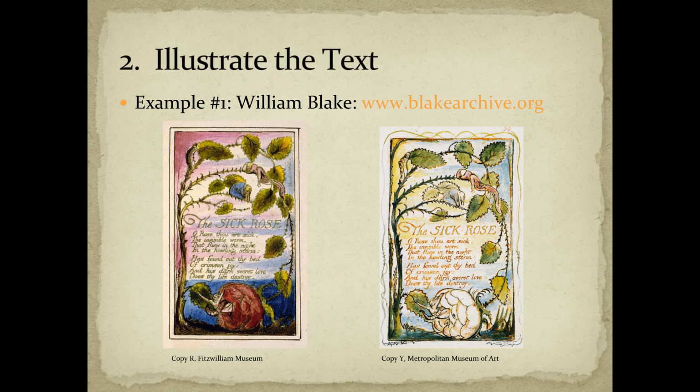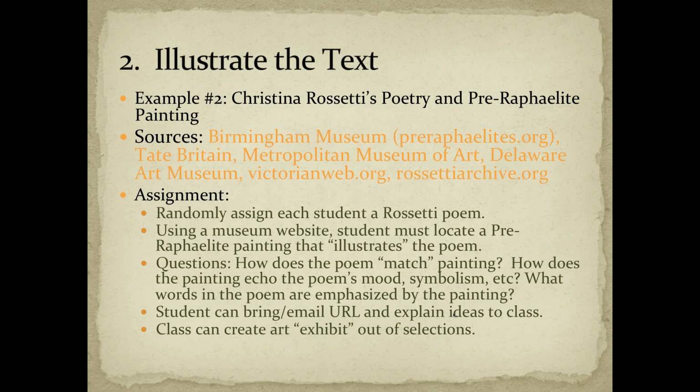So let me give you another example of an illustrate the text. And this is a very fun exercise that I've had great success with, and I'm going to show you several different examples.